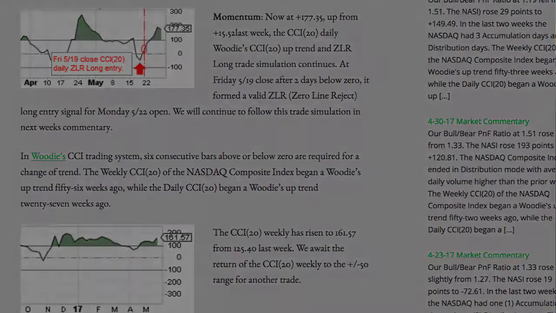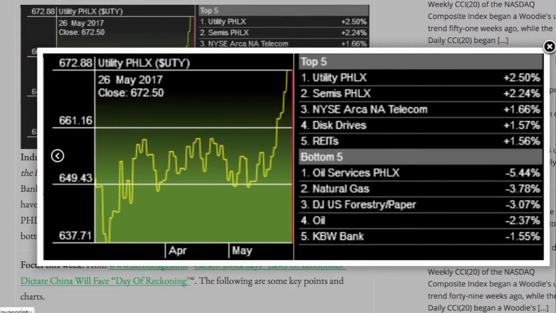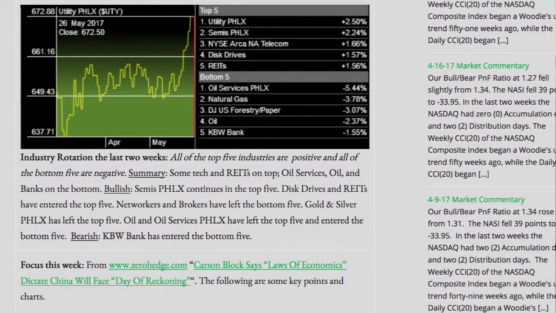Industry rotation the last 2 weeks. All of the top 5 industries are positive, and all of the bottom 5 are negative. Summary: some tech and REITs on top, oil services, oil, and banks on the bottom. Bullish: semis continues in the top 5.